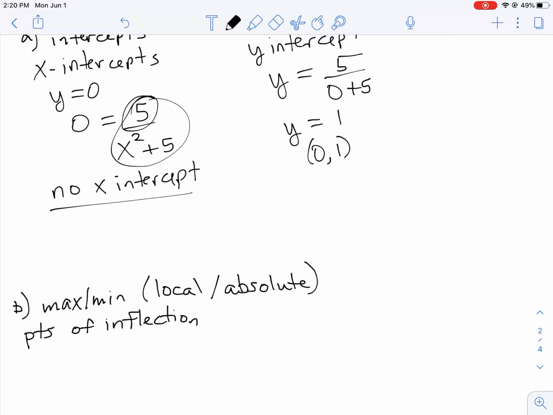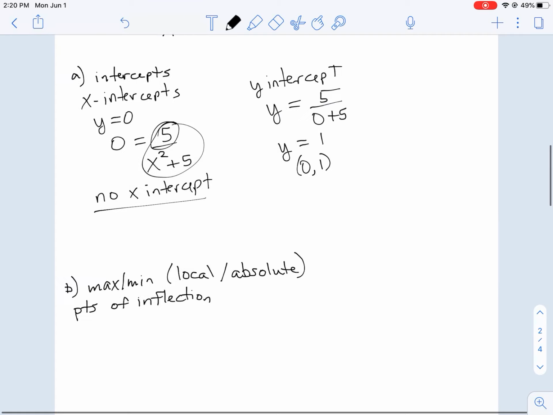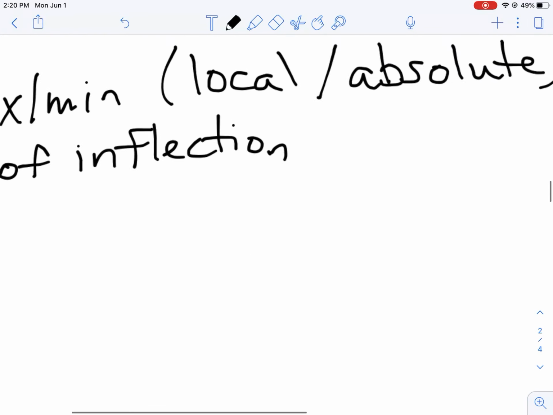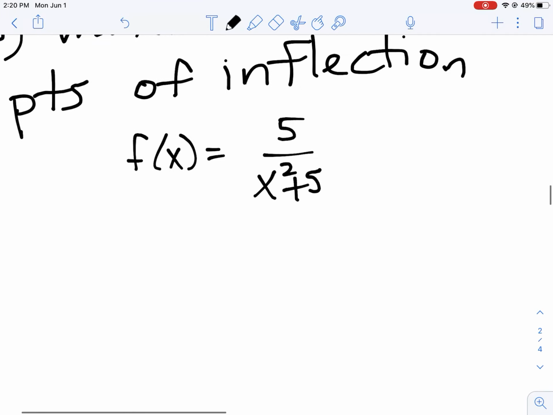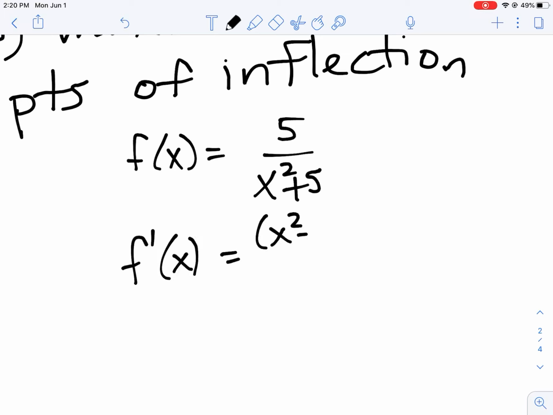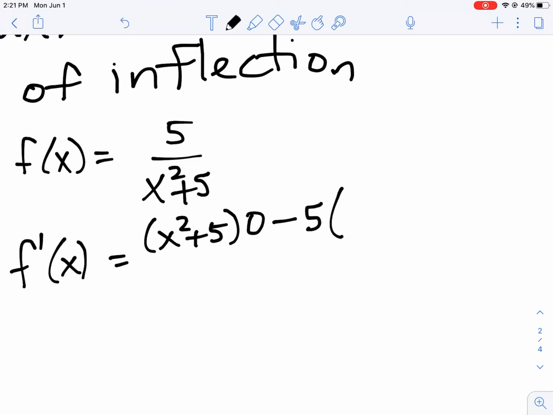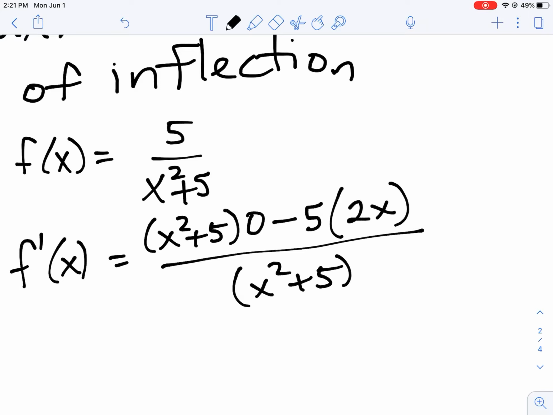So we'll do the derivative. The function was f of x equals 5 over x squared plus 5. This will have to use the quotient rule. So the derivative is the bottom times the derivative of the top, minus the top times the derivative of the bottom, all over the bottom squared.